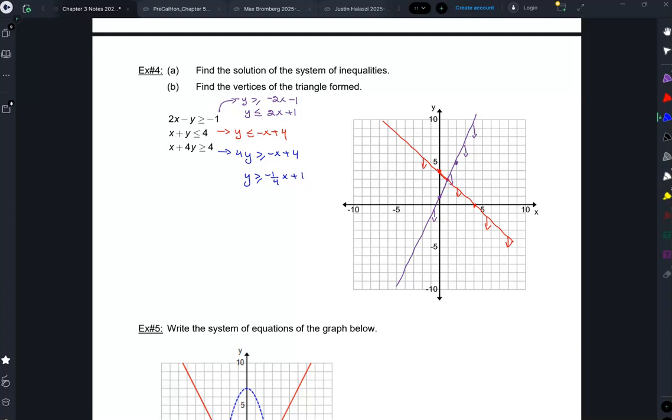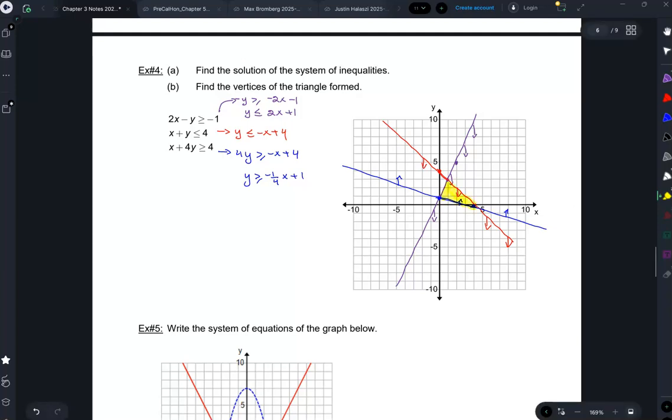So I'm going to go down 1 over 4. Also solid. Where am I going to shade this one? Above. So what's the solution? It's the little triangle here.